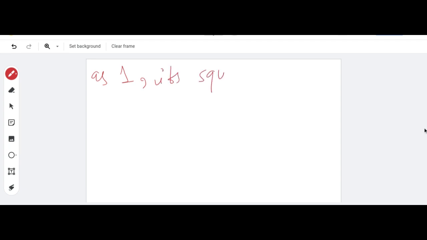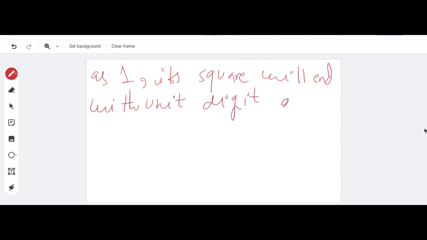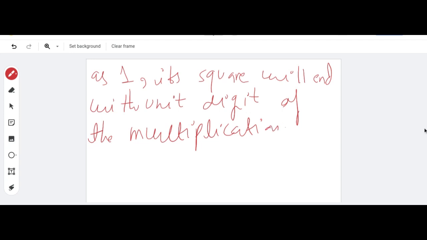Its square will end with the unit digit of the multiplication. Understood? Yes, ma'am. So it will look like 1 is the unit, multiplying with its same digit, and then we get the answer 1. Understood? Yes, ma'am.